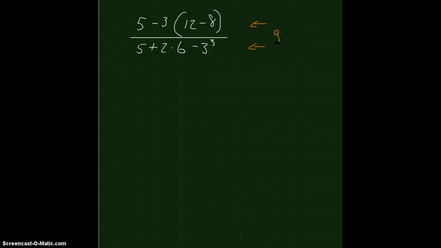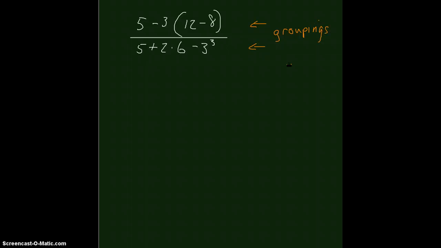Let's try one more. I'll do this one fairly quickly. 5 minus 3, 12 minus 8, all over 5 plus 2 times 6 minus 3 cubed. And the point I want to make here is the numerator and the denominator are groupings.